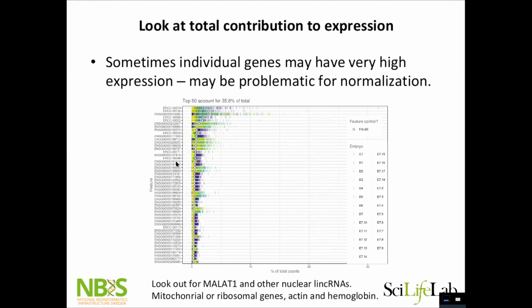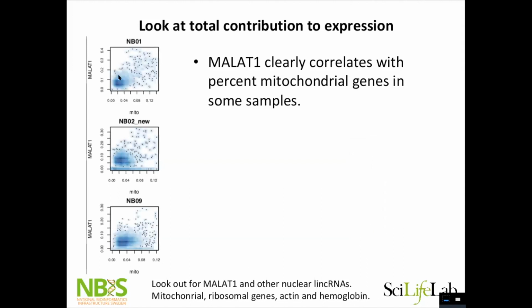There's other nuclear long RNAs that also pop up here. I don't really know why, but it seems to clearly correlate with quality of the cells. And that could be also plasma membrane breaking, all the cytoplasmic RNA leaking out, and what you're left with is nuclear and mitochondrial RNAs. I can show you. So here are some plots from a data set I have. Here is mitochondrial proportion and MALAT1 proportion. So there is a clear trend that it correlates.